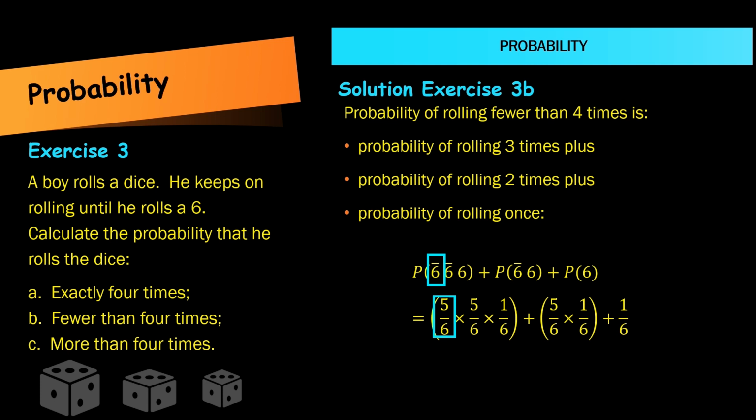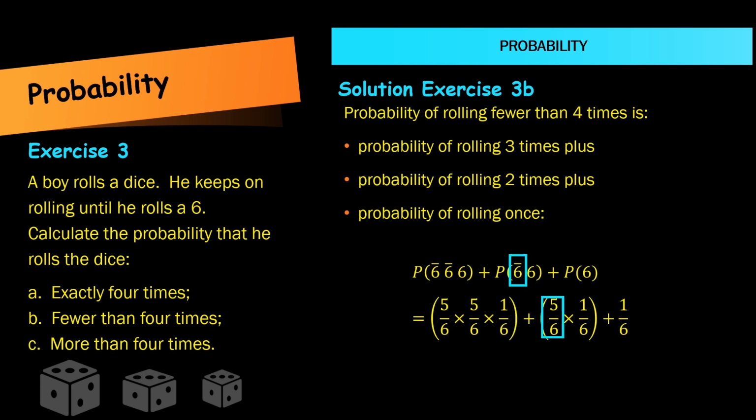And of course recall that the probability of not rolling a 6 is 5/6. So here we have 5/6 times 5/6 times 1/6, which is the probability of rolling a 6.